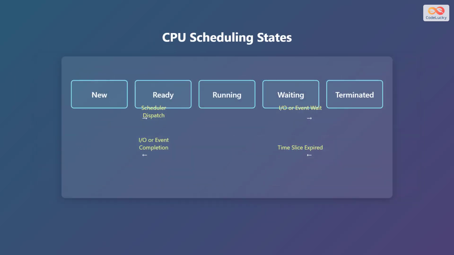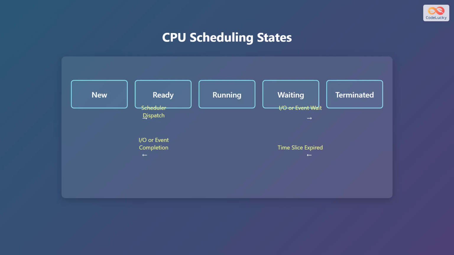Now let's take a look at the different states a process can be in during its execution. First, a process starts in the new state. From there, it moves to the ready state, where it waits for its turn to be executed by the CPU. Once the scheduler dispatches the process, it enters the running state.